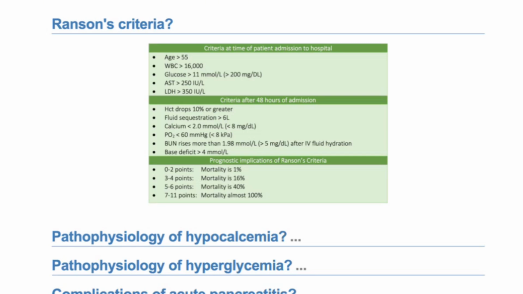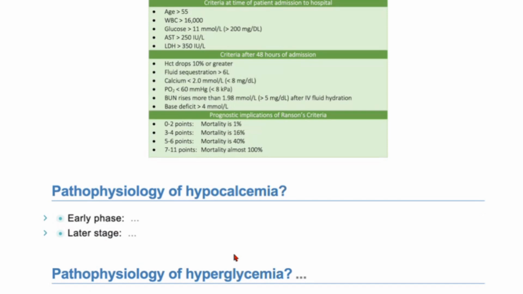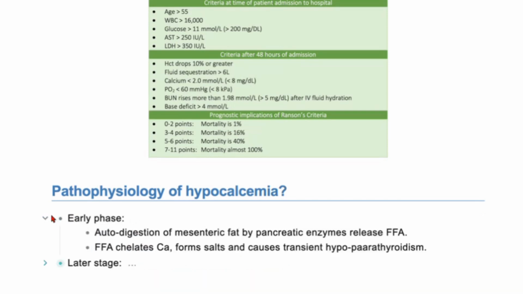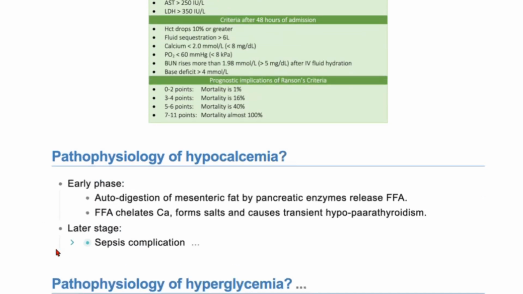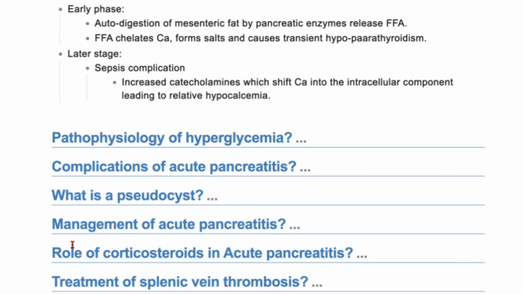And then you also get the latent phase, which is essentially a septic picture, where we get the shift of calcium from intracellular to extracellular, causing hypocalcemia. Patients could get hyperglycemia as well. What's the pathophysiology for that? This is because the pancreas becomes inflamed, and this causes reduced function in the beta cells and the islets of Langerhans, causing reduced insulin secretion and therefore causing refractory hyperglycemia.